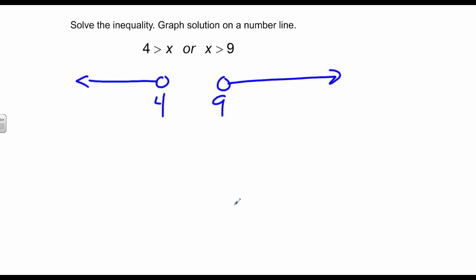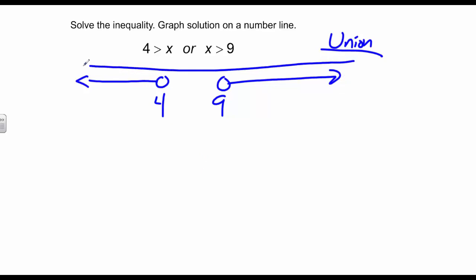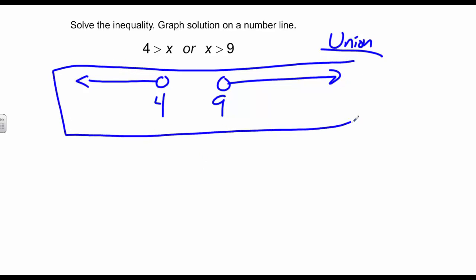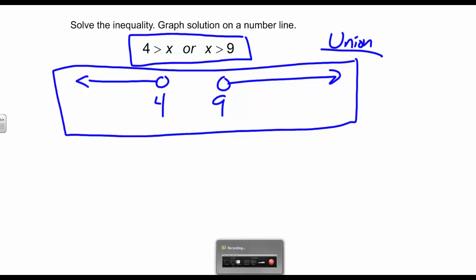An OR states that only one has to be true in order to state the solution. And we talked about this word being union. What the union means is everything that you see is a solution. So this graph is my graphical solution, and both of these two parts of the problem are how I state the algebraic solution.